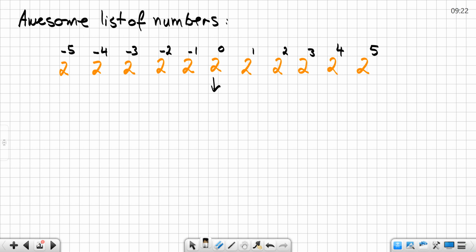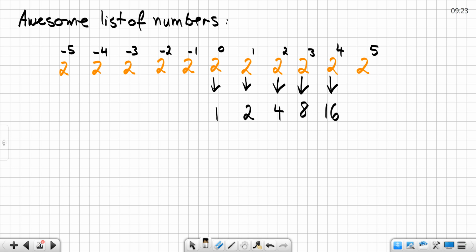So this right here, 2 raised to the 0, is 1. 2 raised to the first power, well, that is nothing else but 2. 2 raised to the second is 2 times 2, that is 4. Now 2 raised to the third number, that is 2 times 2 times 2 is 8. 2 raised to the fourth is 16.